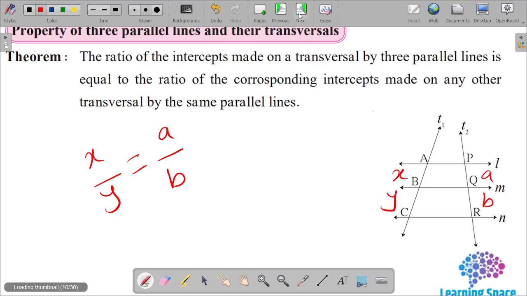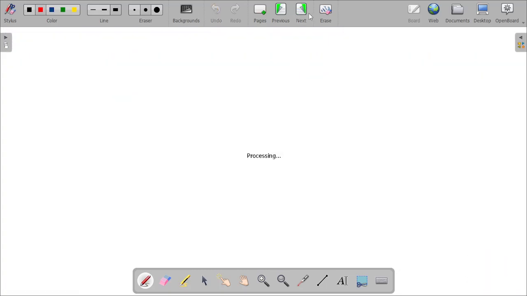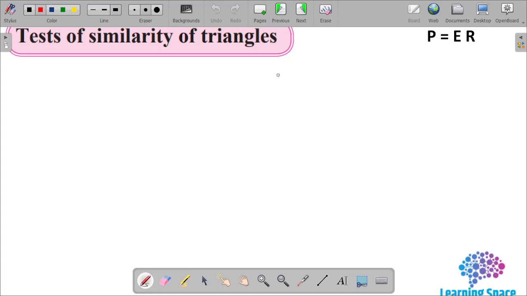So let's go ahead. Moving forward, we have tests of similarity. There are two conditions for similar triangles. I always revise this in my class.